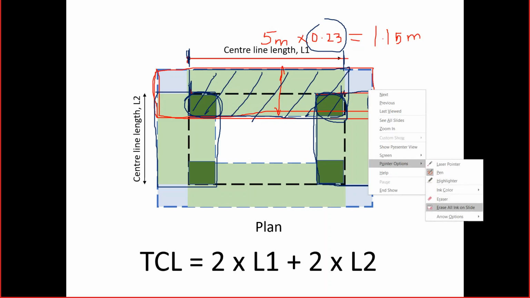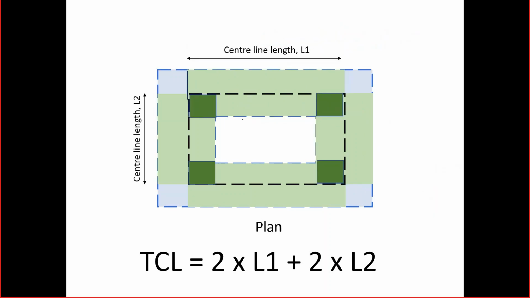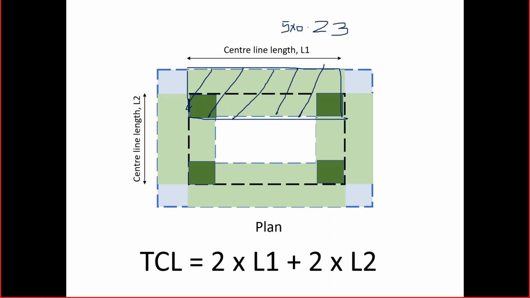Let me clear it and rewrite it here. If I consider 5 into 0.23, let us say that 5 is the centerline distance L1. I've considered this area already, which is hatched. Now let me consider the area for the short wall.